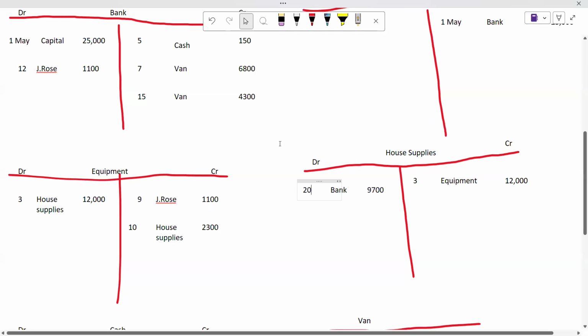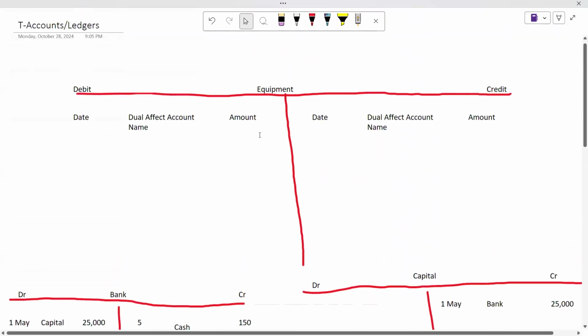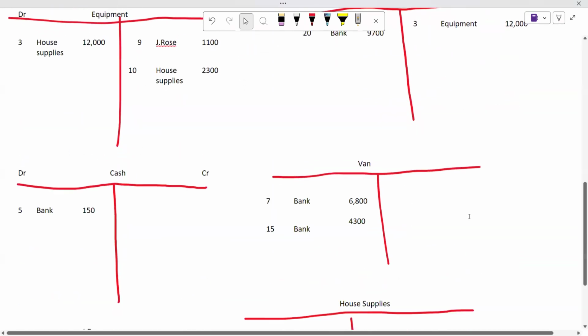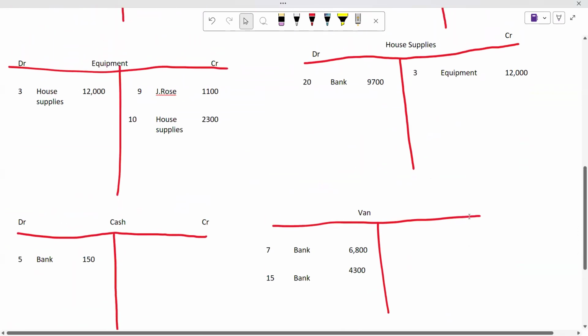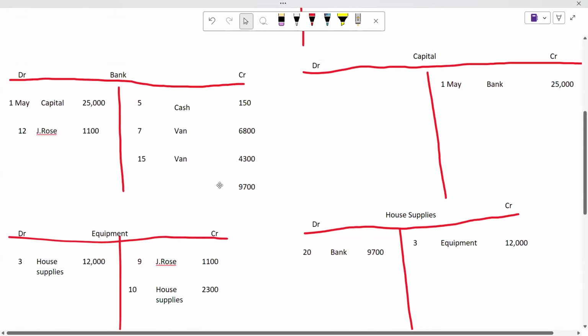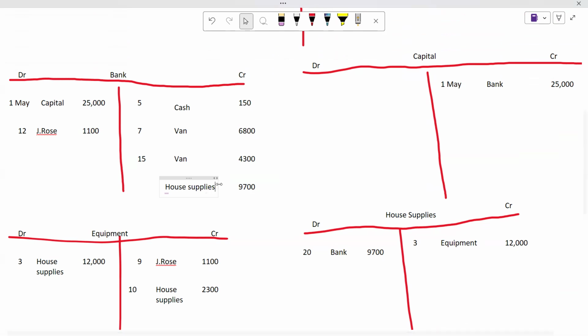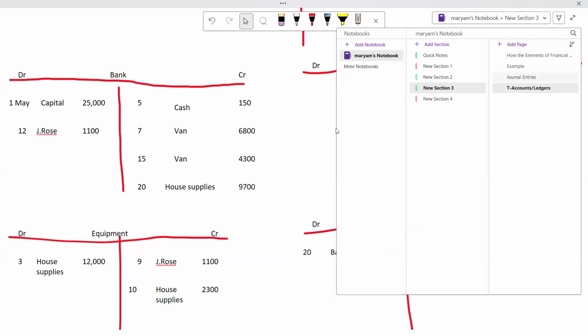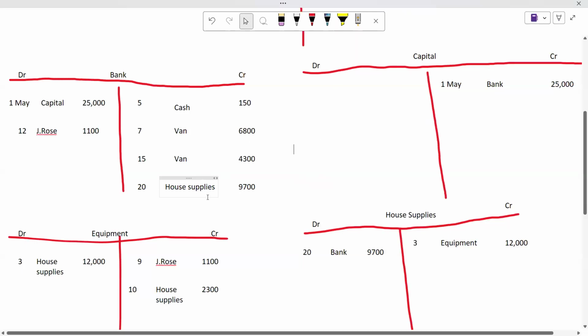For instance, it happened on 20th, and the bank is credited for 9,700, reason being house supplies. On 20th May. Okay, so this is how we have just solved the whole question.